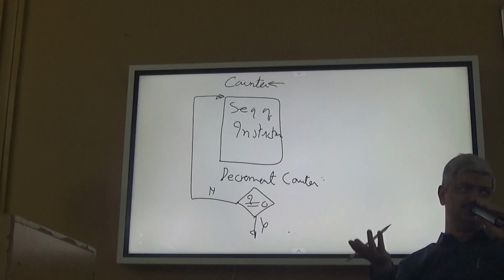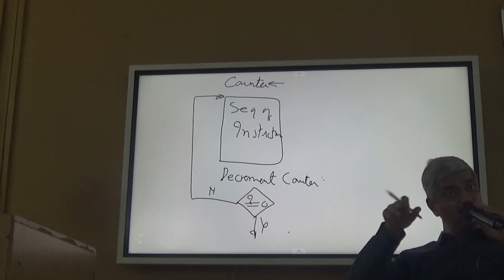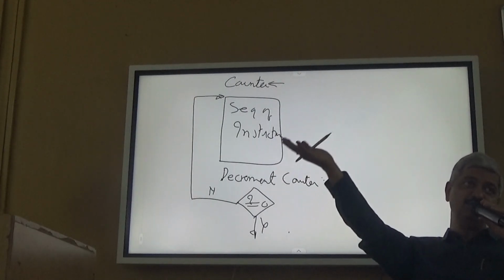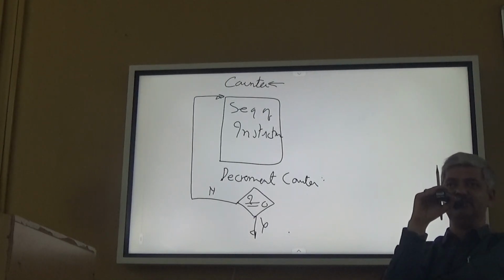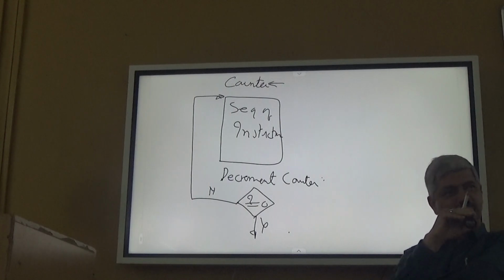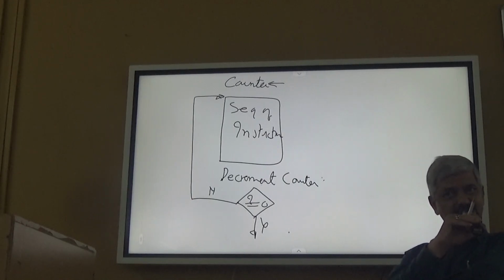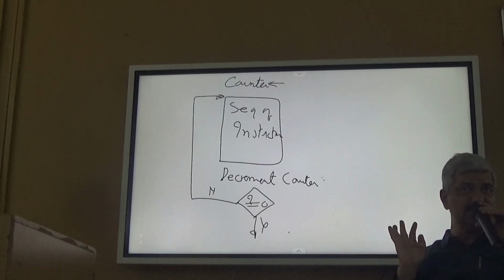There may be two options: jump on something or jump on not something, like jump on carry or jump on no carry. The conditional branch instruction branches depending upon fulfilling or not fulfilling of the condition. If it branches, it goes to the address provided in the instruction. If it doesn't branch, it goes to the next instruction. Is the idea clear?